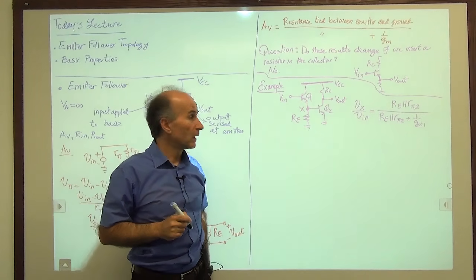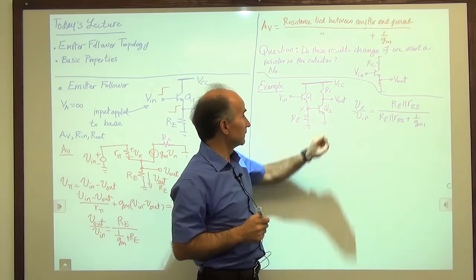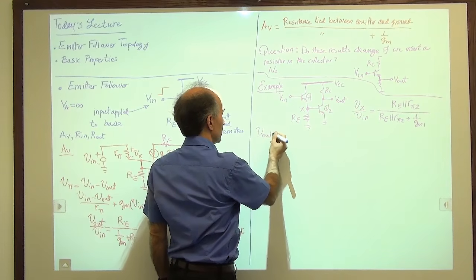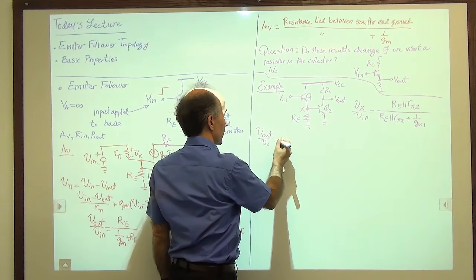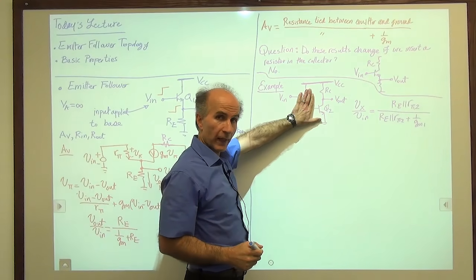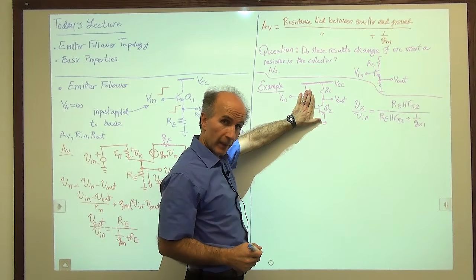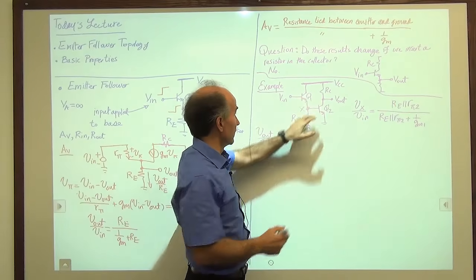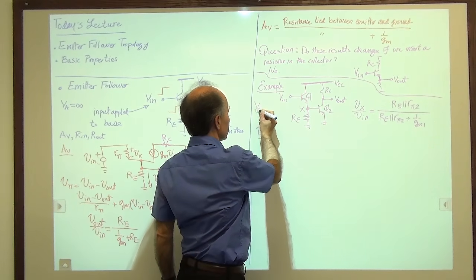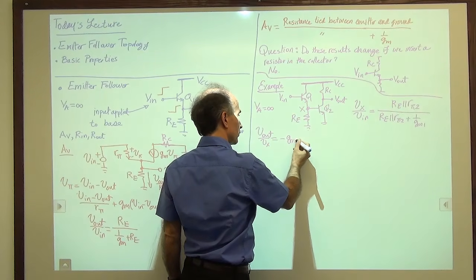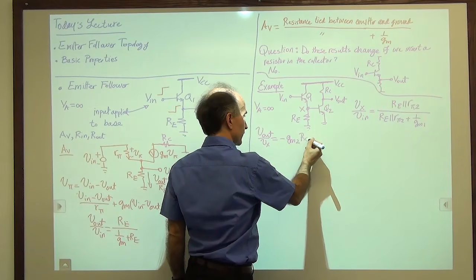Okay. Then we have a gain from here to here, V out over Vx. How much is that? Well, that's just the gain of a simple common emitter stage with no degeneration. We know that's minus gm times the total resistance tied between the collector and the AC ground, so just RC. Again, I'm assuming VA is equal to infinity. So that's just minus gm2 times RC.